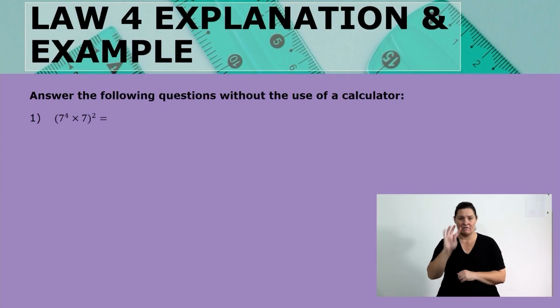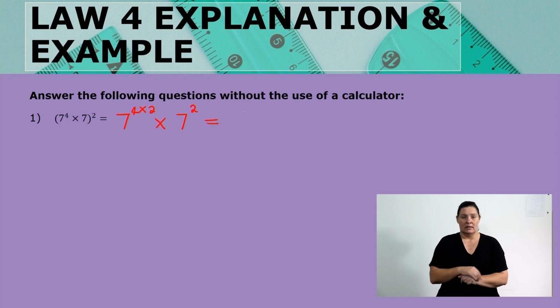Let's answer the following without the use of a calculator. So we have 7 to the exponent 4 multiplied by 7, and this product is raised to the exponent 2. 7 already has an exponent 4, and we are going to multiply that by the raised exponent, which is 2, multiplied by 7, and that is going to be to the exponent 2.